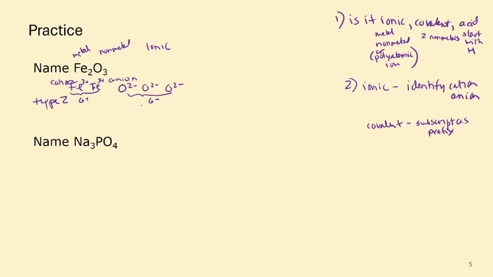Okay, having figured that out, now I can name it. The way we name cations, if they are type 2 metals, it's the element name and the charge in Roman numerals.